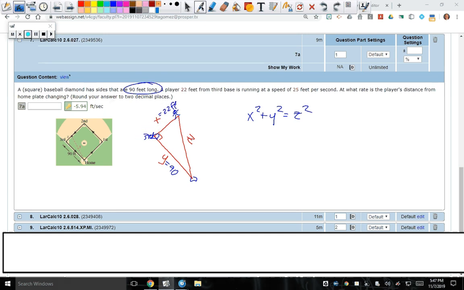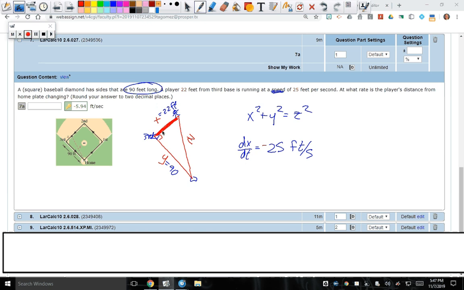Because they're running toward third base, their speed is dx dt. And it's 25 feet. I know it says speed, but I don't want you thinking a positive value like the absolute value of velocity. This one will be a negative because you have to ask yourself, is this distance decreasing as the player continues to run to third base?